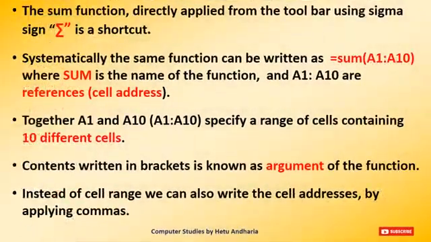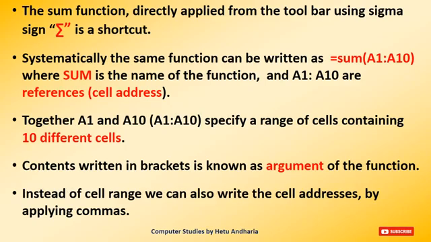Now see, we were just talking about the most commonly used function, which you are all familiar with, that is the SUM function. The SUM function applied directly from the toolbar using the sigma sign is a shortcut to insert that function.